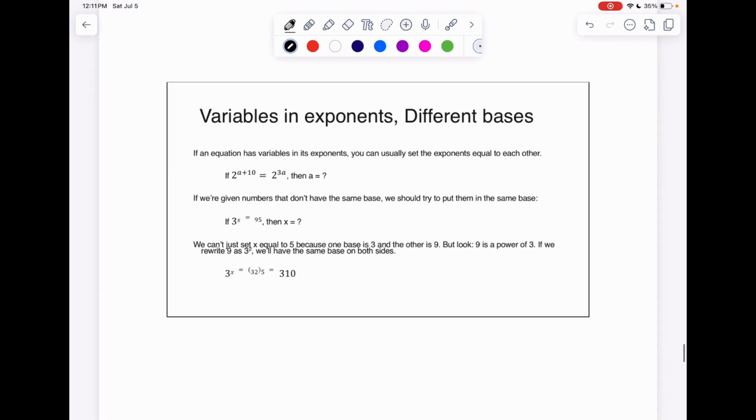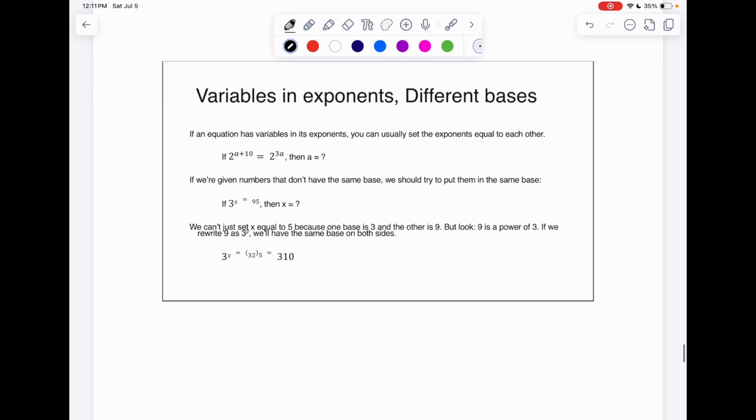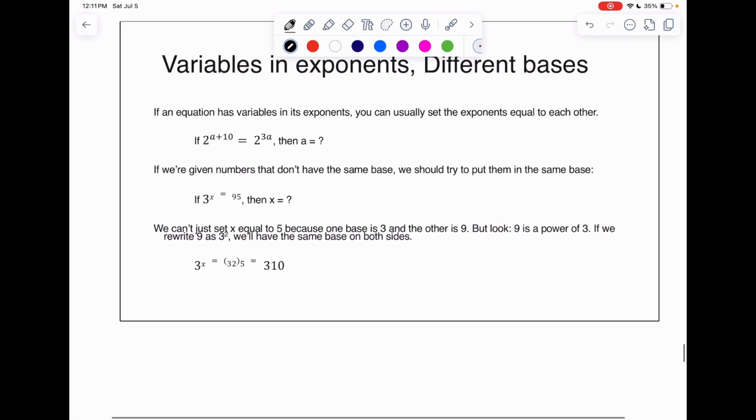So what if our variables are in the exponents? And what if we have different bases? Well, we looked at a problem like this earlier. If 2 to the a plus 10 equals 2 to the 3a, what does a equal? Well, let's see. If the bases are the same and they equal each other, they need to be raised to the same power in order for them to be the same number, right?